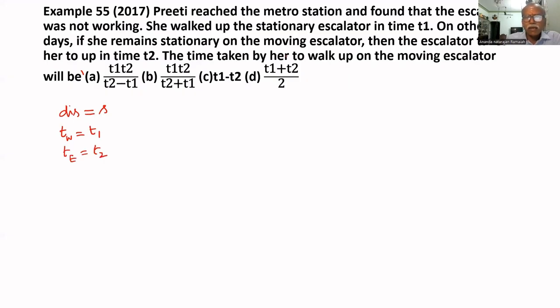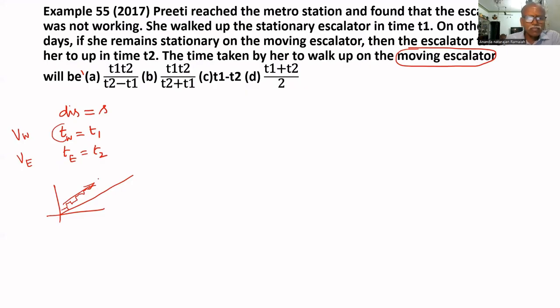The time taken by her to walk up on the moving escalator: the escalator is moving, and in that, she walks with a velocity vw, while the escalator is moving at a velocity of ve.